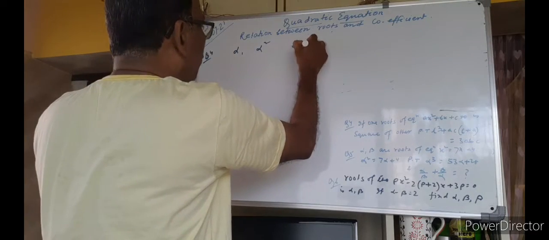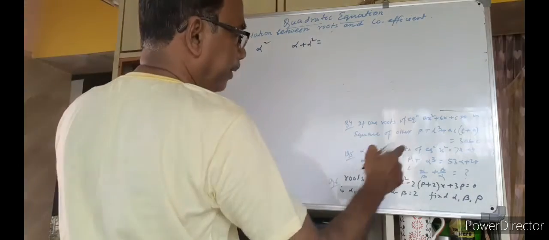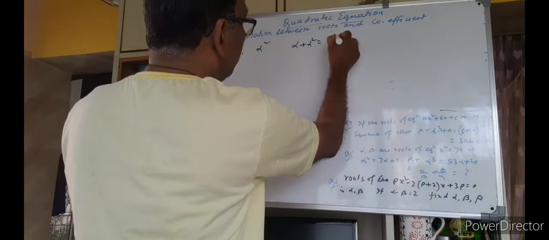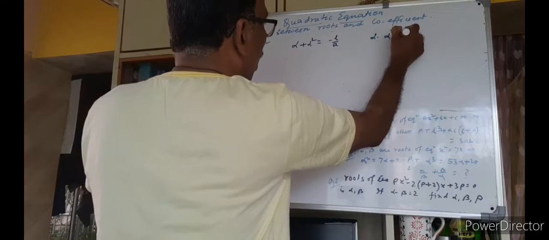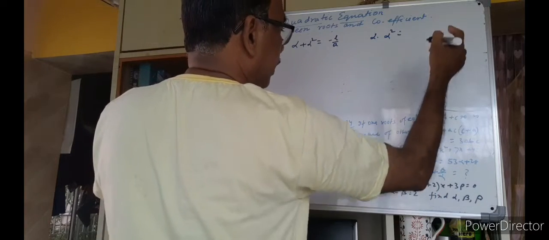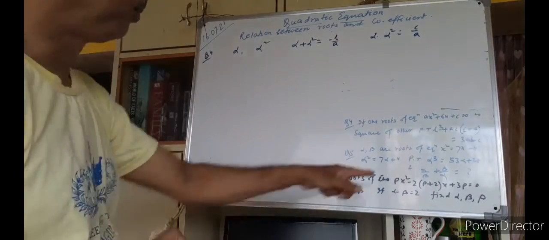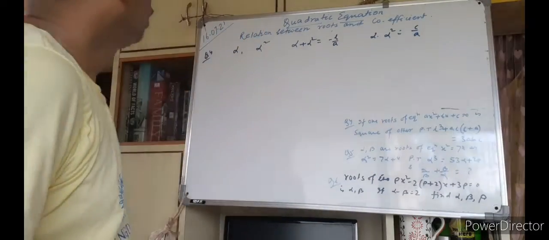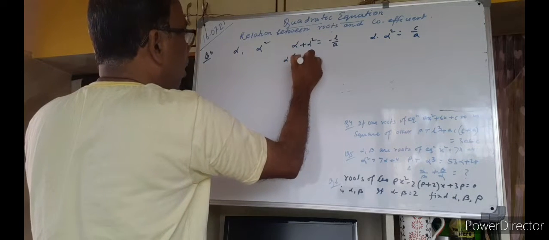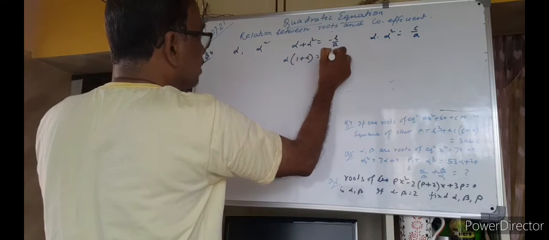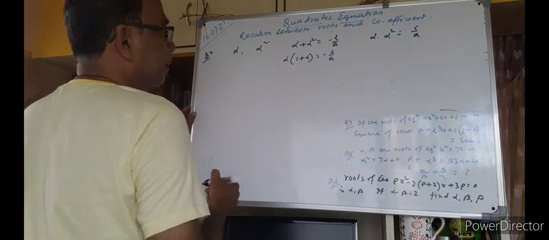Then alpha plus alpha square is minus b by a, and alpha into alpha square is c by a. Now we have to prove this. So here alpha is common, 1 plus alpha is minus b by a.